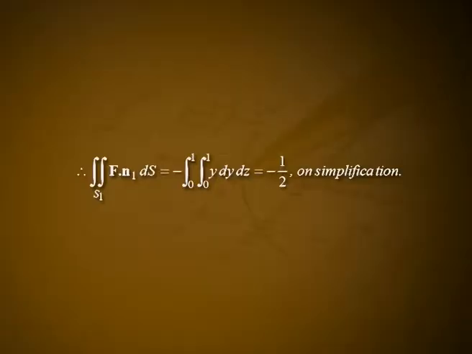Now on S1, n1 = -i, x = 0, therefore f = yj + zk, and y varies from 0 to 1 and z varies from 0 to 1. Therefore, double integral over S1 of f dot n1 dS is equal to minus integral 0 to 1 integral 0 to 1 y dy dz, which is equal to minus 1 by 2 on simplification.